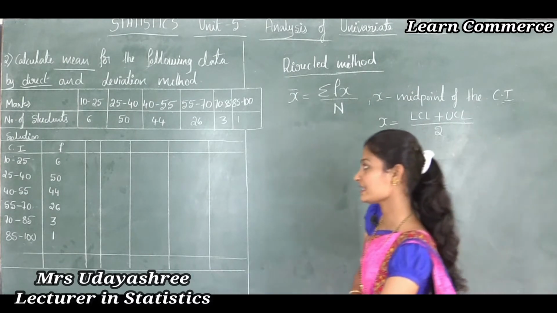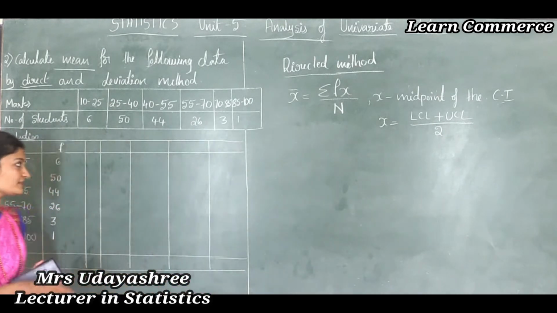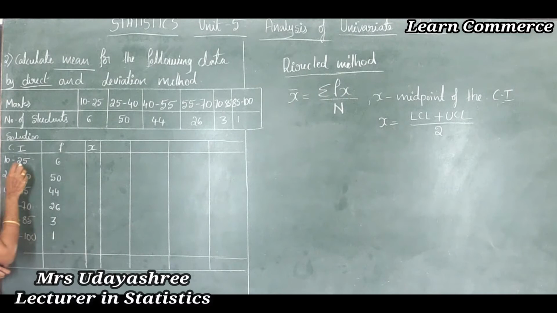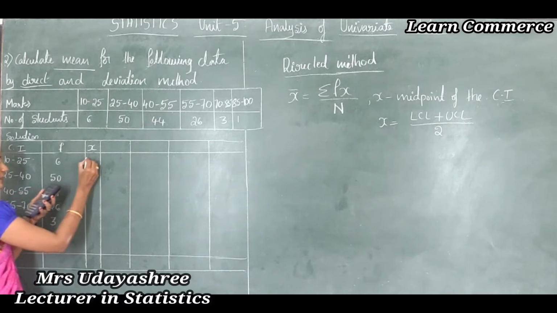The first class is 10 to 25. Lower class limit is 10 and upper class limit is 25. So 10 plus 25 divided by 2 is 17.5.